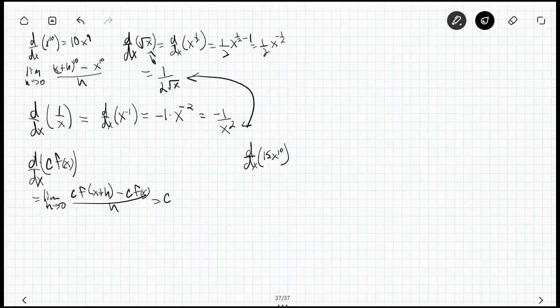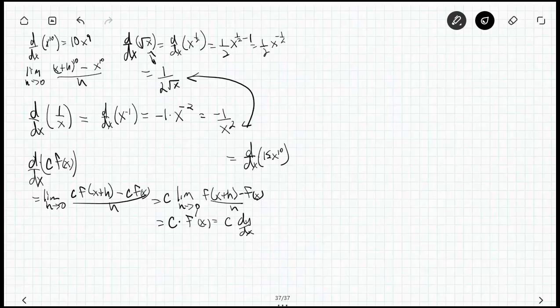So this turns into c times the limit as h goes to 0 of f of x plus h minus f of x all over h, which if you look is just c times f prime of x, or c times dy over dx. In other words, the constant is along for the ride.